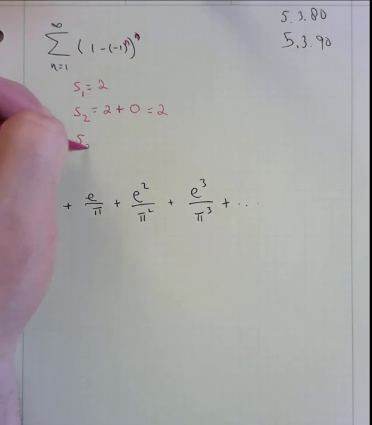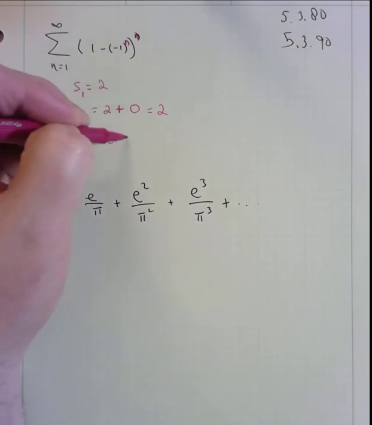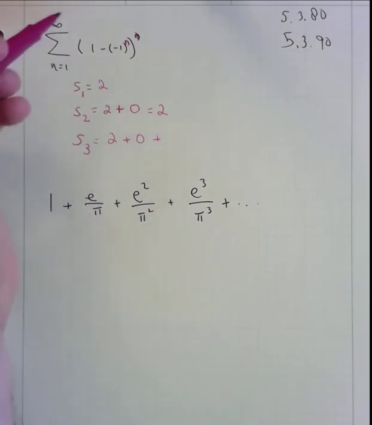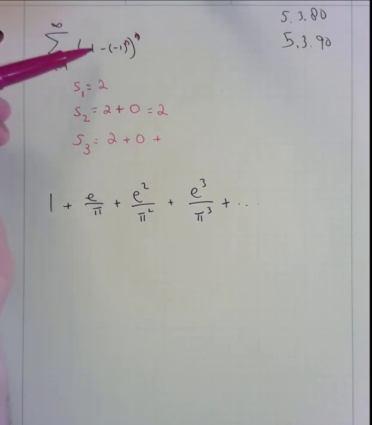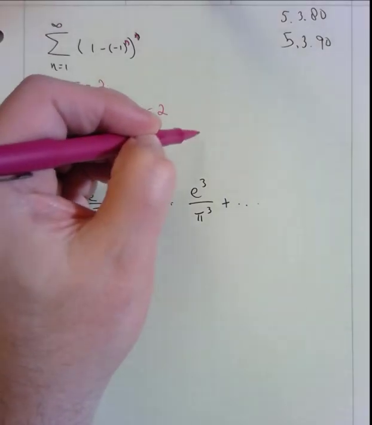And then the third partial sum is going to be 2 plus 0 plus, okay, now what we get from the third term, 1 minus negative 1 cubed, 1 minus negative 1, 1 plus 1, there's another 2, and that's going to be 4.